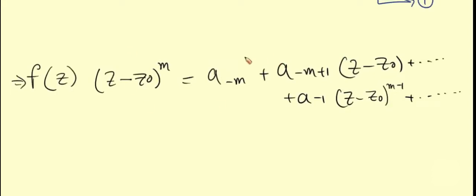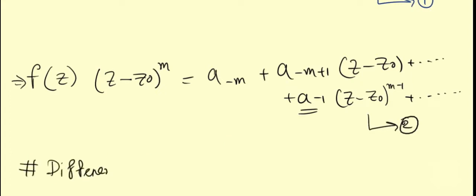And since we only want to extract this part, that is a minus 1, the residue, we are going to differentiate both sides m minus 1 times with respect to z. That is, if you call this expression 2, we're going to differentiate 2 with respect to z, m minus 1 times.